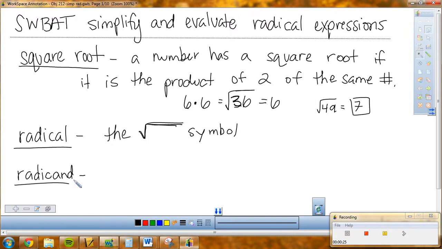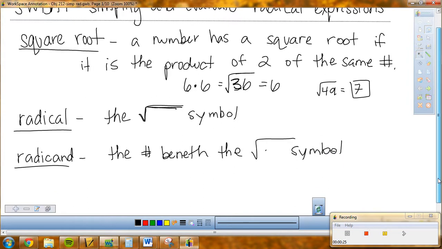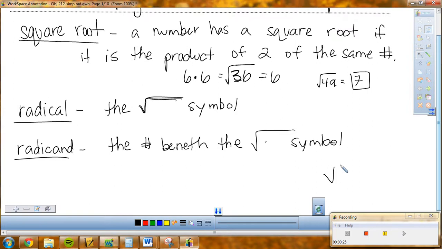The radicand is the number beneath the symbol. So, for instance, if I have the square root of 10, this symbol is what we call the radical. My 10 is what I call the radicand.